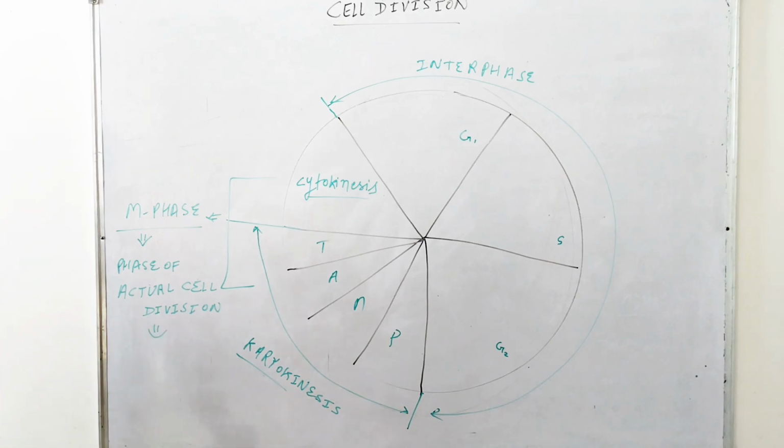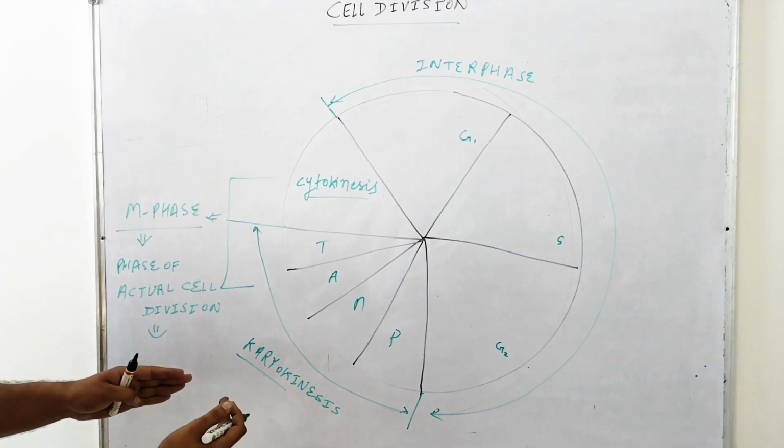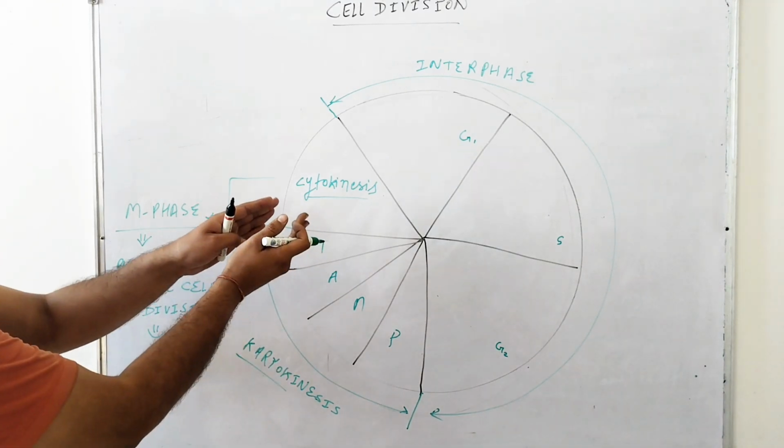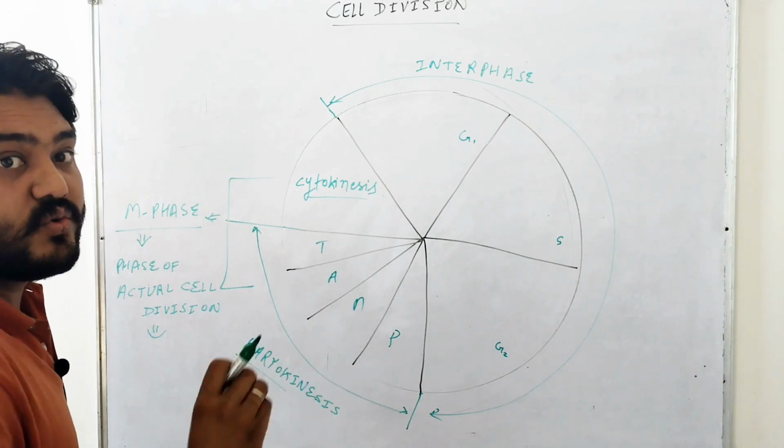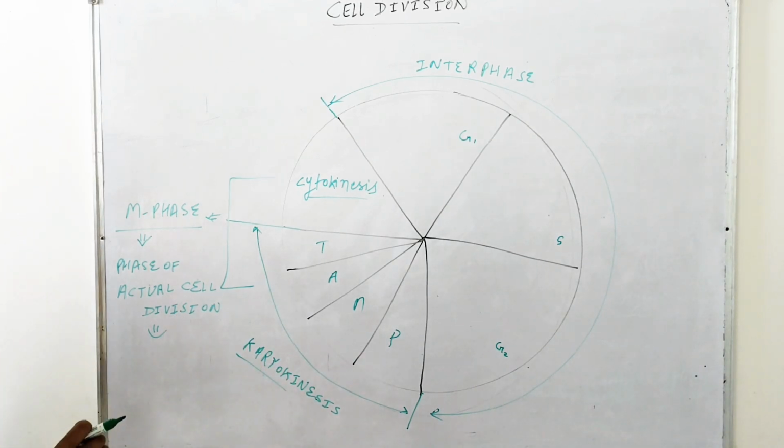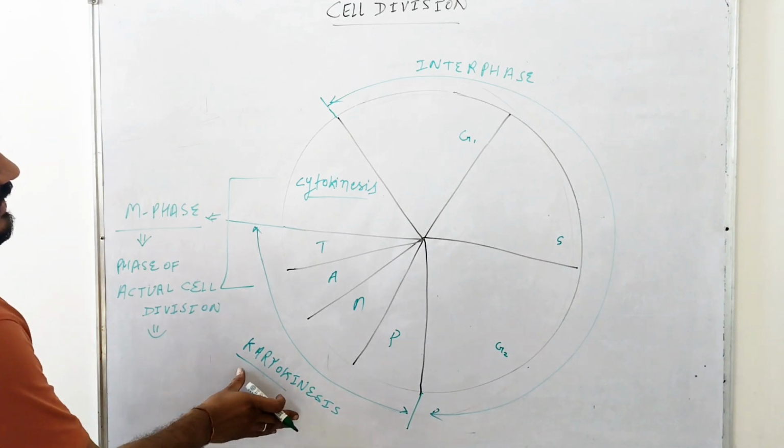Now in your NCERT one thing is written over there, that usually karyokinesis is followed by cytokinesis. Why is the NCERT using the term usually? Because it is not necessary that cytokinesis happens after karyokinesis.